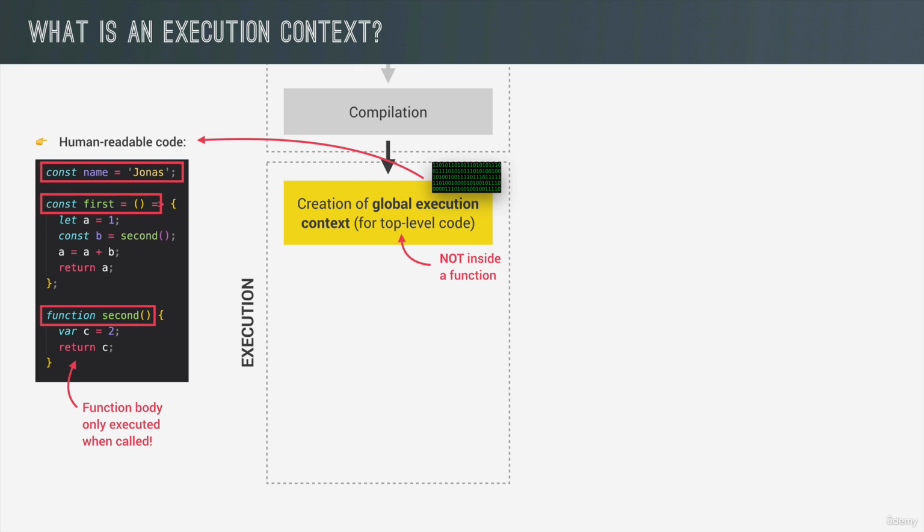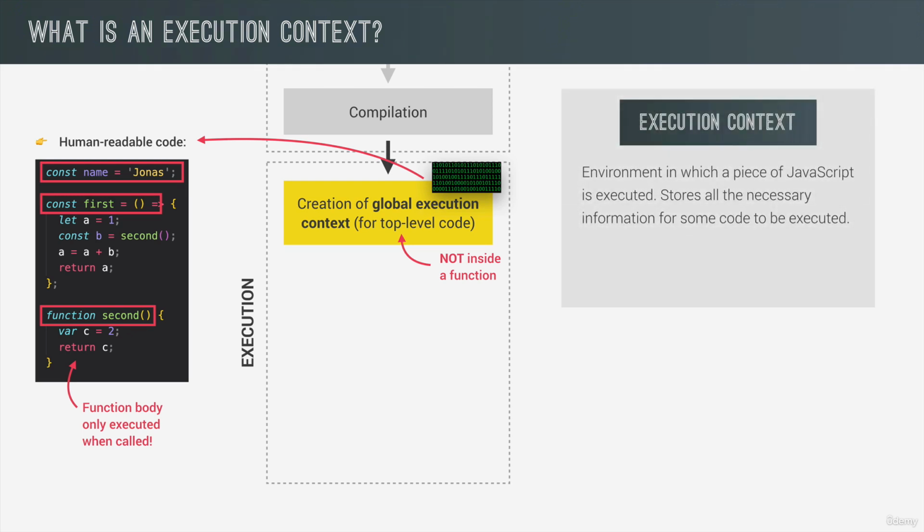Well, an execution context is an abstract concept, but I define it basically as an environment in which a piece of JavaScript is executed. It's like a box that stores all the necessary information for some code to be executed, such as local variables or arguments passed into a function. So JavaScript code always runs inside an execution context.